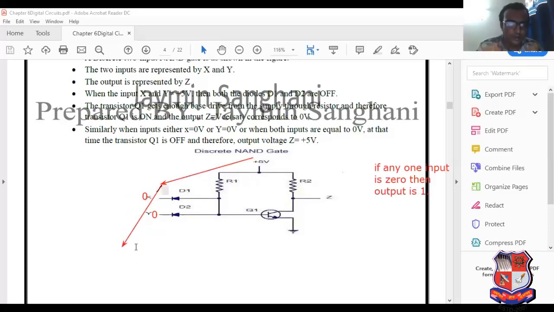See here it is known as ground. So this is the current flow direction. So here we cannot get any current. Means the base of the transistor is at 0 volt.